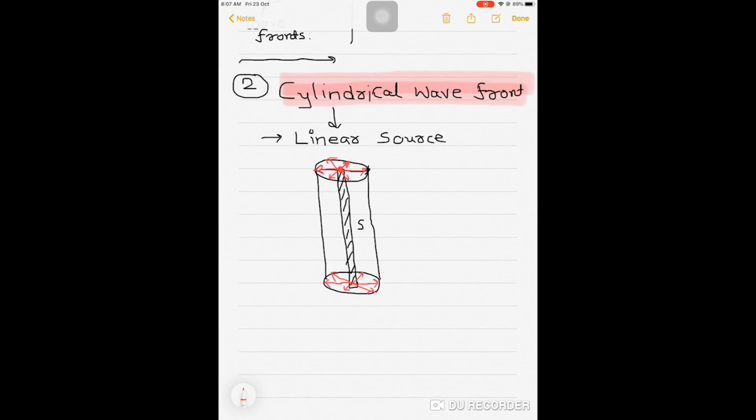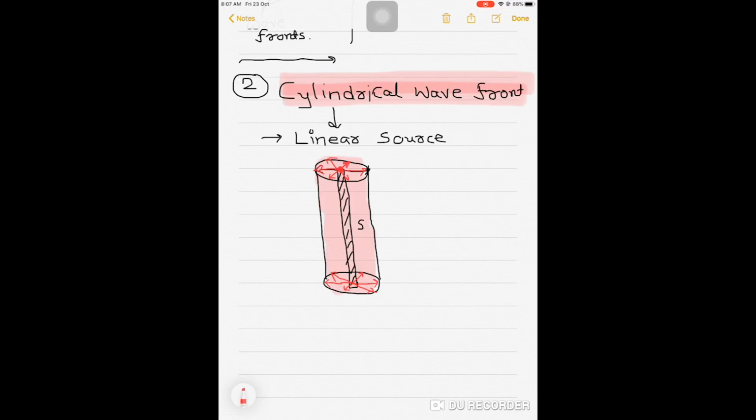If we connect them together, form a locus of them and accumulate them, we find that it gives us this cylindrical shape. So this cylindrical type of wavefront is the example of a linear source.